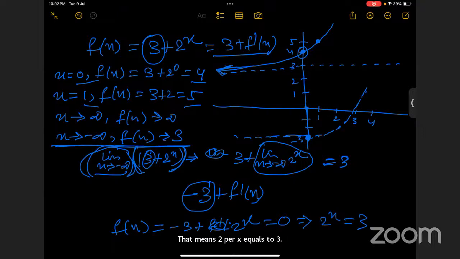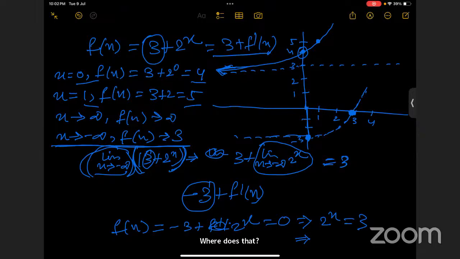From this, we can find the value of x, right? We can take log base 2 and then we can do that, right? So in that case, the function will have a real root. Yes. This is the root. Okay. Thank you, ma'am.